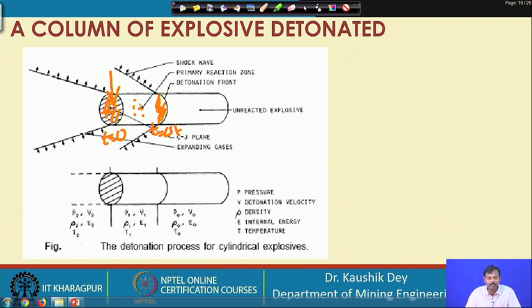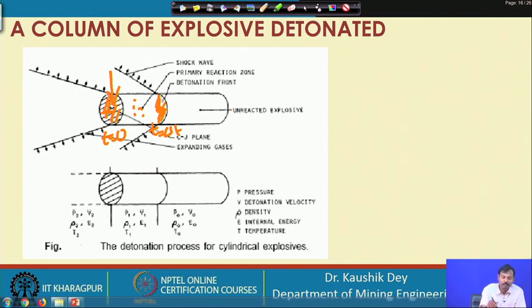That means the elements are taking time to form the gaseous product. So, on one side the explosive reaction is complete, on another side shock is onset, and ahead of that the unreacted or undisturbed explosive column is there.